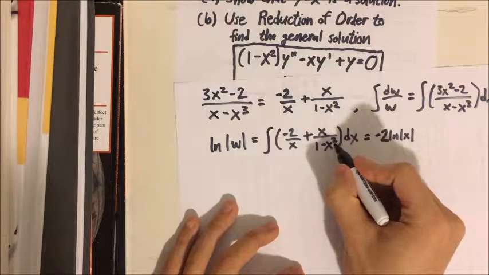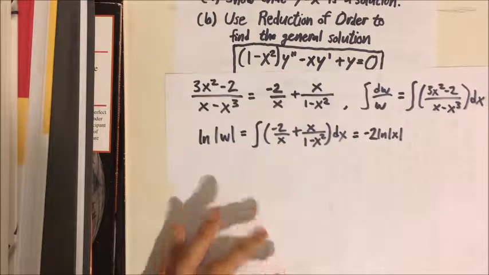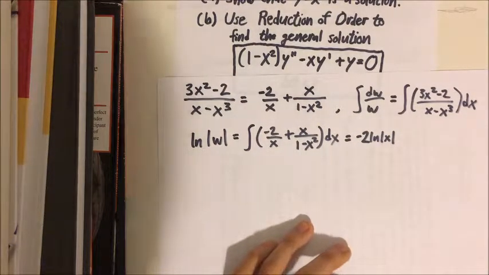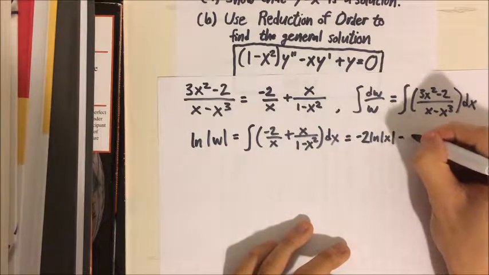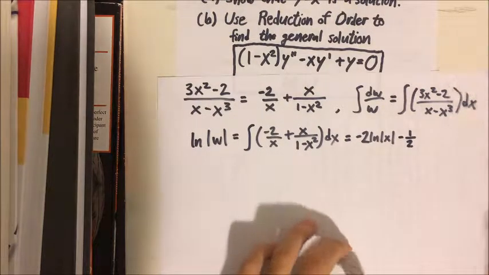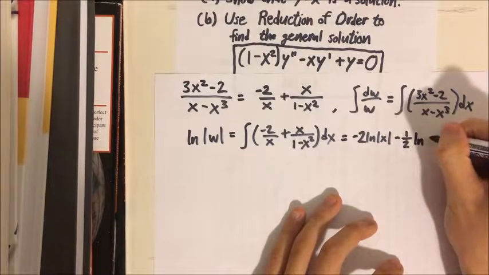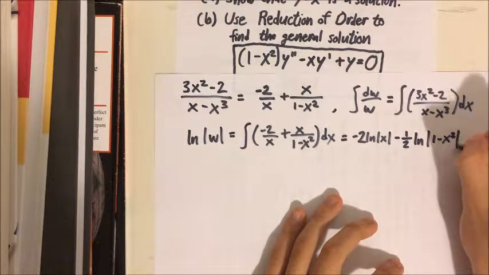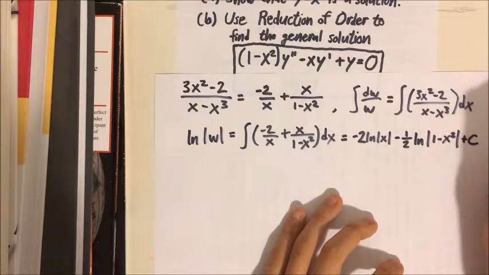And then on the bottom, if you do the u substitution, you can kind of do it in your head. You know that the derivative of this is going to be negative 2x. So let's divide out the negative 2. You get the ln of 1 minus x squared, and then add plus c.